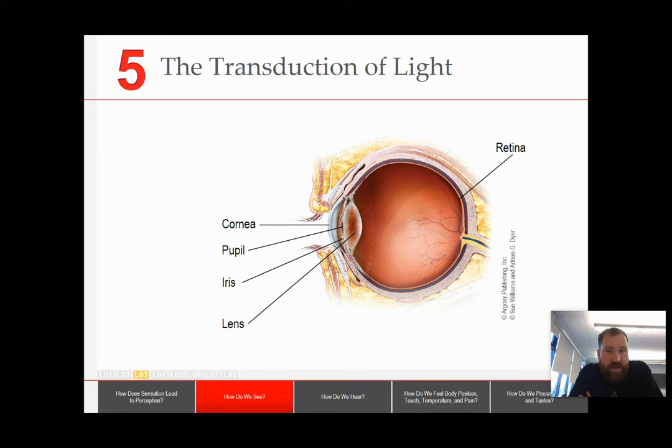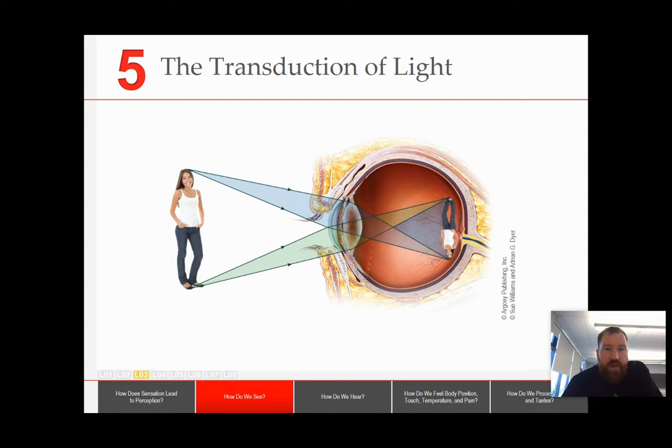So again, light comes in through the cornea, goes through the pupil, the size of which is determined by the iris. It hits the lens, it gets refracted so that it goes upside down, and that upside down image then lands on the retina, which is the back part of the eye.